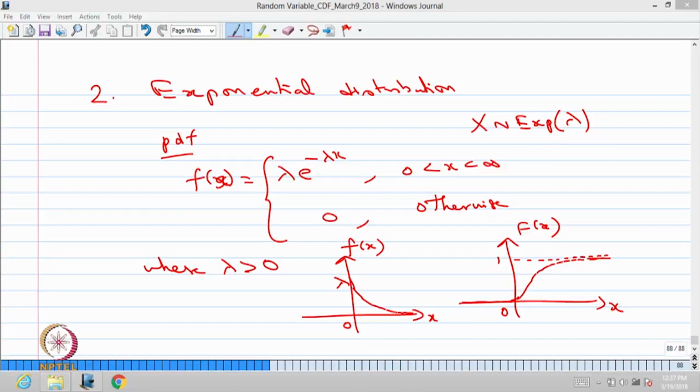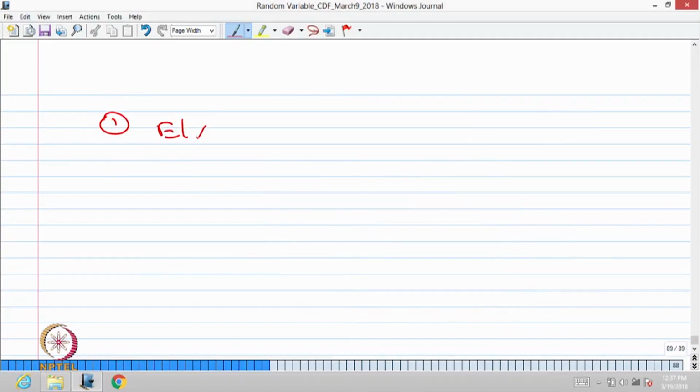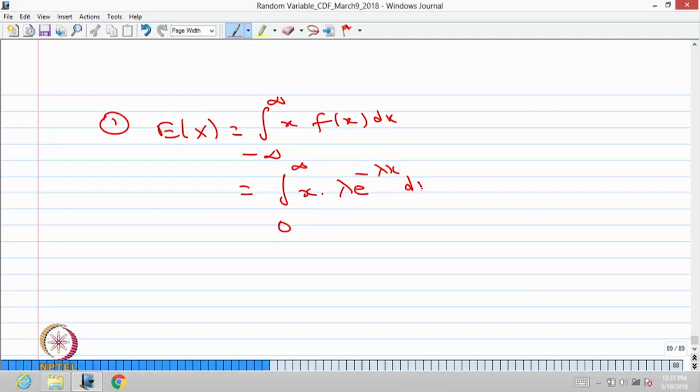One can get the mean, provided it exists. It is the integral from minus infinity to infinity of x times f of x dx. Since the probability density function is greater than 0 only between 0 and infinity, you can directly write the integral from 0 to infinity of x times lambda times e power minus lambda x dx.